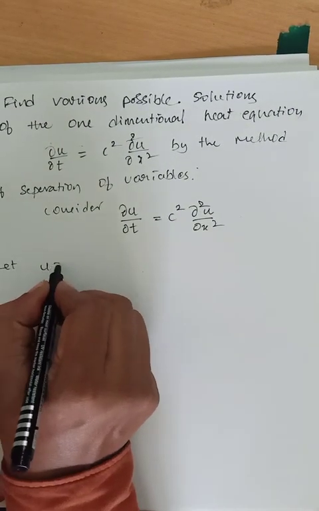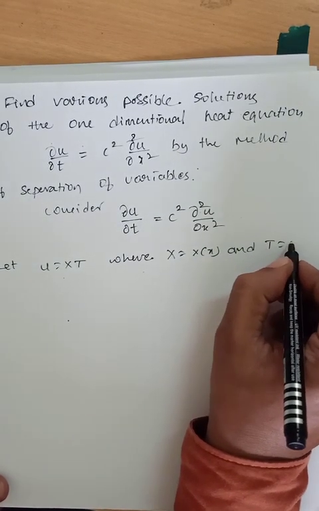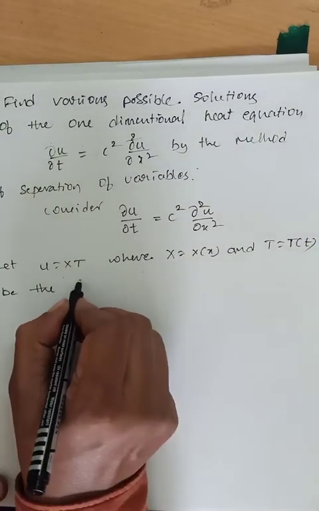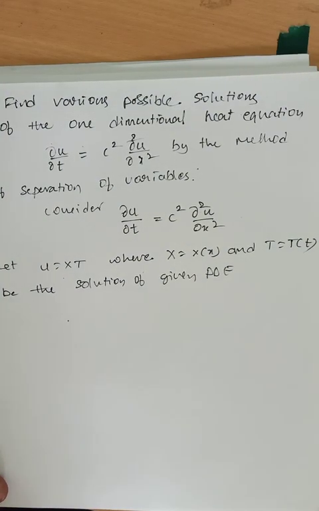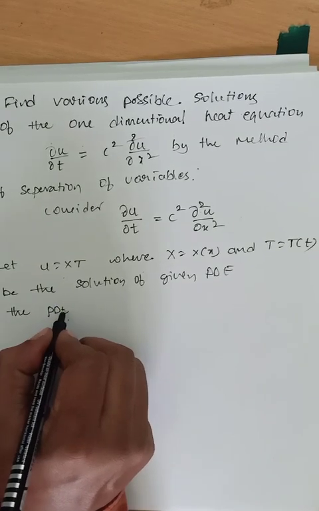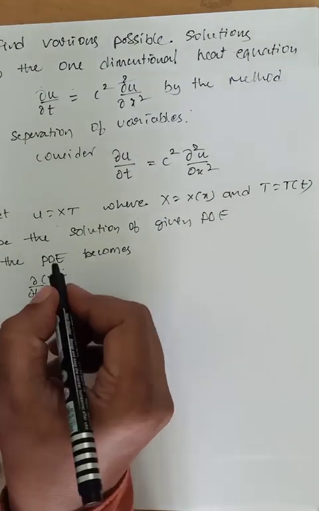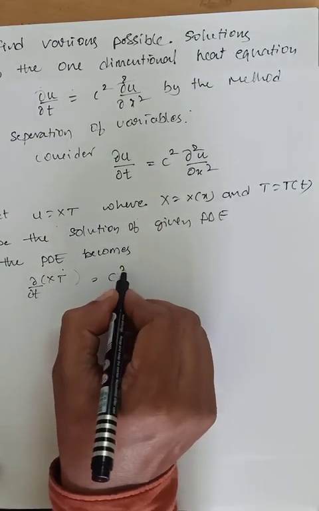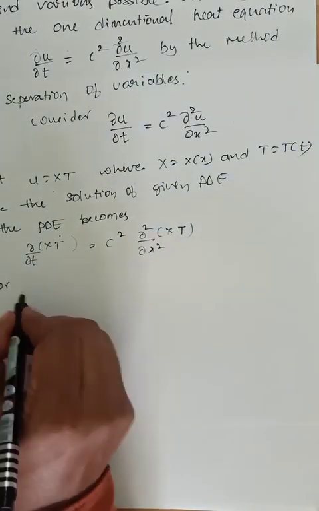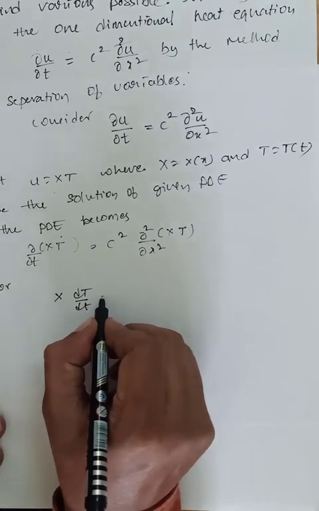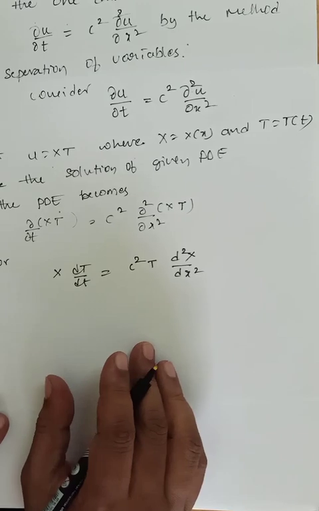Let u = XT, where X = X(x) and T = T(t) be the solution of the given PDE. The PDE becomes ∂/∂t of XT, meaning you substitute u, equal to c² ∂²/∂x² of XT, or separate the variables: X dT/dt = c² T d²X/dx². This is the method of separation of variable procedure.